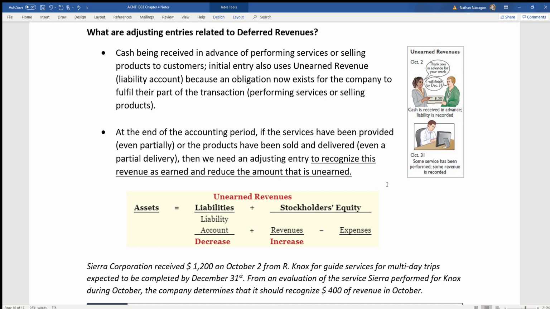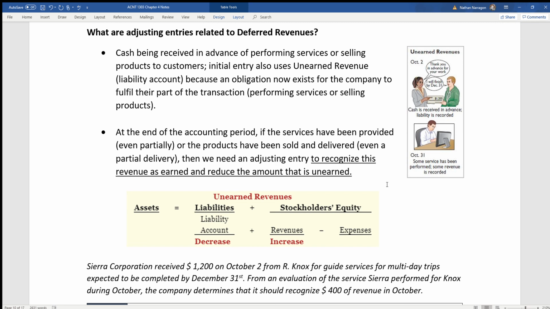Or basically, they completed half of the tour. Thus, did they earn half of their money? Yes. Now, if something happens and they have to cancel the other half, well, that other half still gets their money back. We still owe them that money. So again, some revenue has generated.